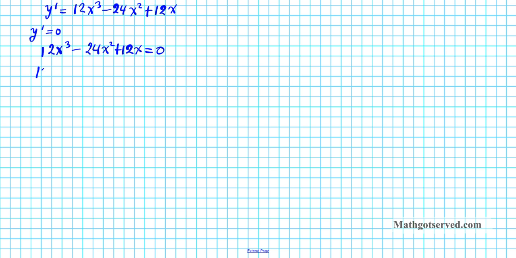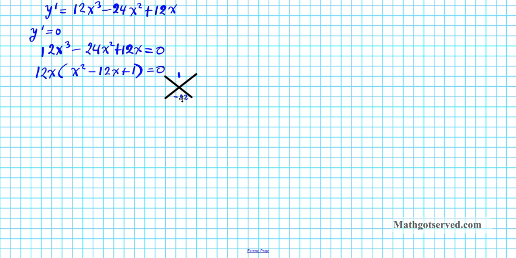So if we factor out 12x, we'll be left with x squared minus 12x plus 1 equals 0. All right, so let's factor this quadratic trinomial using the X game. If I set up my X, AC in this case is 1 and b is negative 12.